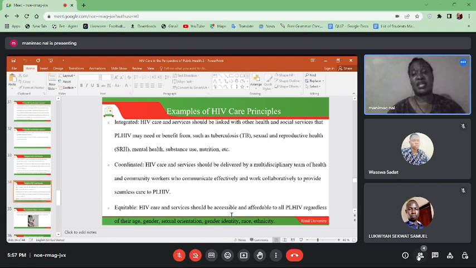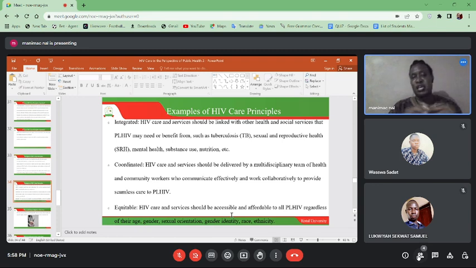The services we give have to be a joint effort with a multidisciplinary team of health workers or community health workers, who will help us to communicate effectively and work collaboratively to streamline the care of people living with HIV.